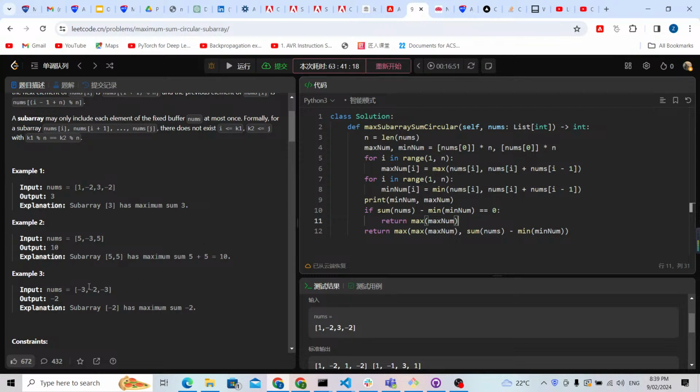I've already explained it: if all the elements are negative, you cannot use this formula anymore. You have to check the maximum of the nums. It is minus 2.